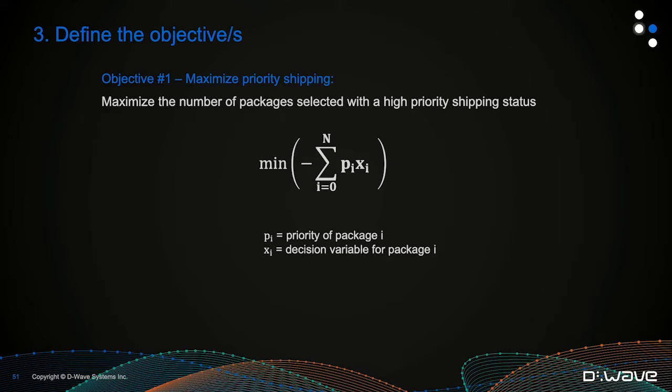A value of 1 is going to indicate just standard shipping, so we're not going to prioritize those packages as much. So each package x is going to have its own priority associated with it. And since our hybrid solvers, like our QPU, naturally minimize quantities or functions, we are going to multiply this by -1 to turn it into a minimization.